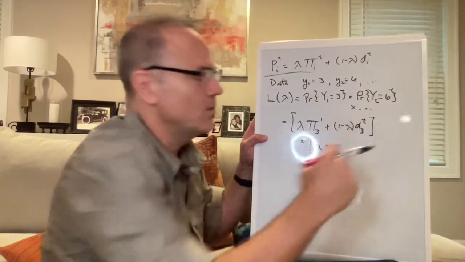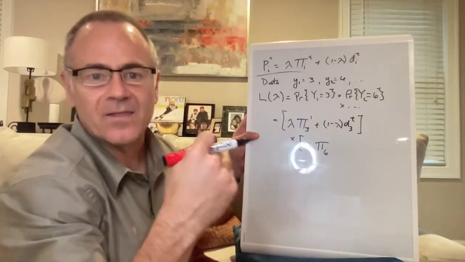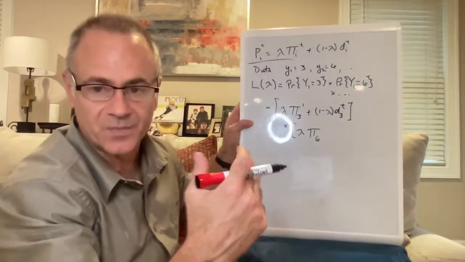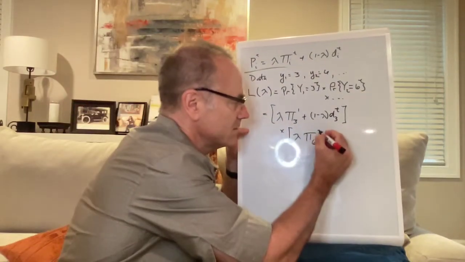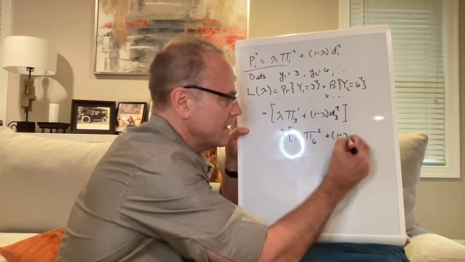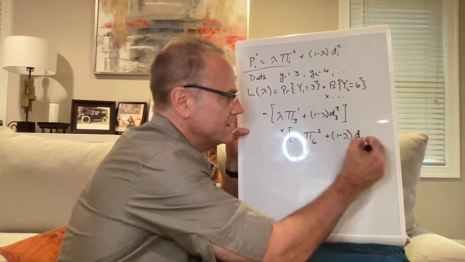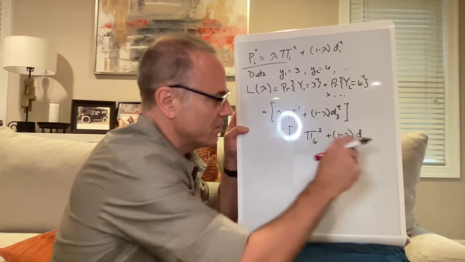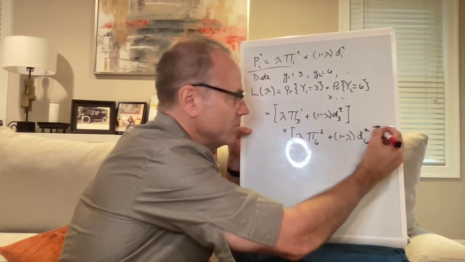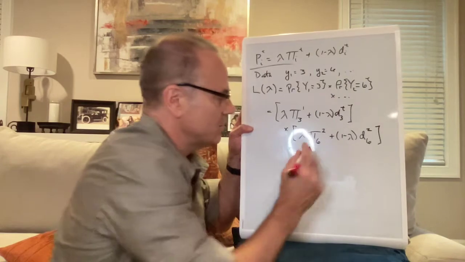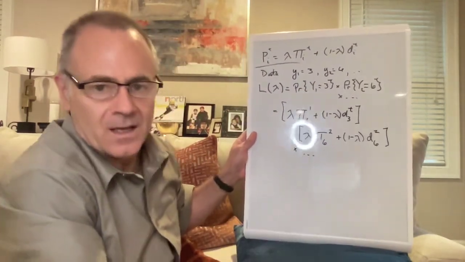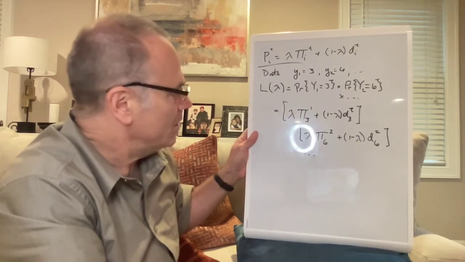So observation 2, it's the probability that party 6 was selected formateur. So it's pi 6 observation 2, plus 1 minus lambda, D6, dummy variable, whether party 6 is the largest party or not in country 2, times so on. So you have to look at this for observation 3 and so on. Now, I want you to notice something.